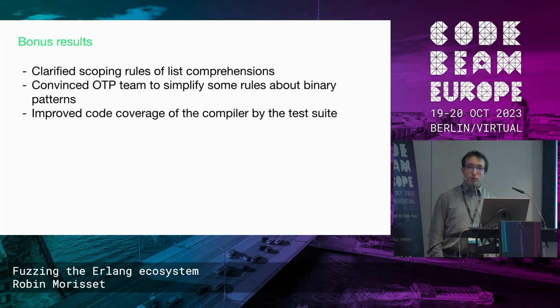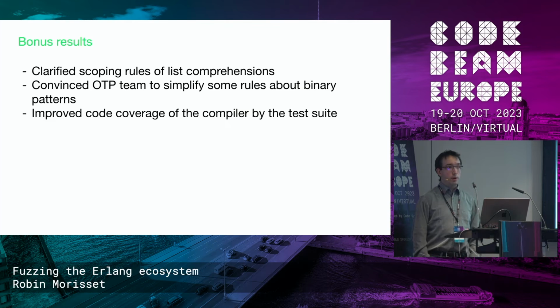It also found a few other corner cases. For example, in Erlang you can write some pattern equals some expression to match both. And if these patterns had binary subpatterns, sometimes the compiler would just refuse you, pretty much telling you this is not implemented, you've hit some corner case.